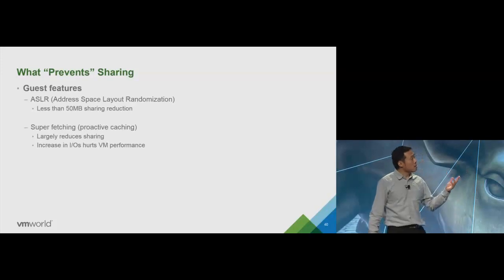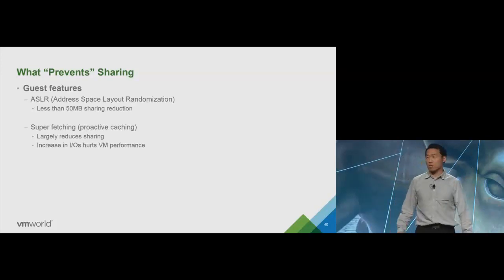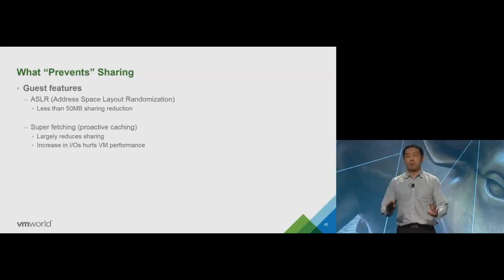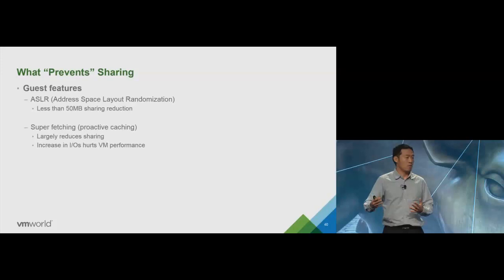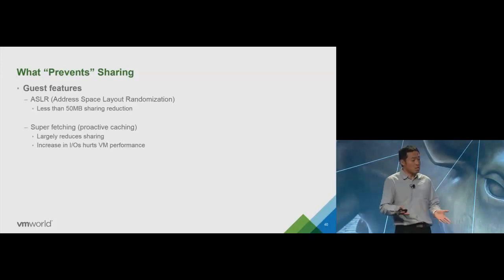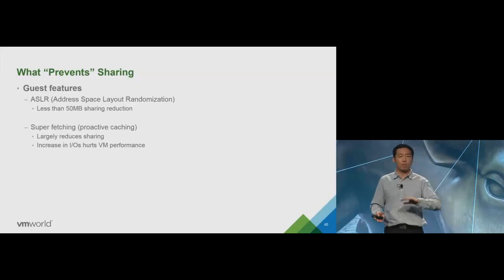Some Windows versions typically use Superfetch, which is a technique to proactively cache files from disk into memory. This feature indeed largely reduces the amount of page sharing. In reality, we find that sometimes this feature causes a lot of IOs, which in turn hurts VM performance. Therefore, in our VDI environment, we actually recommend turning this feature off.